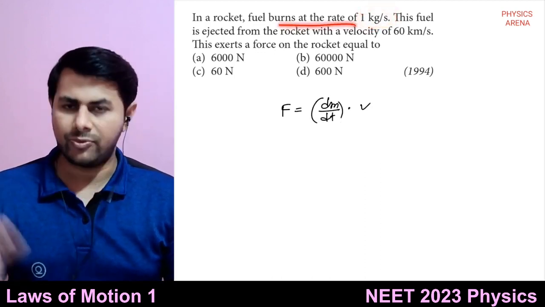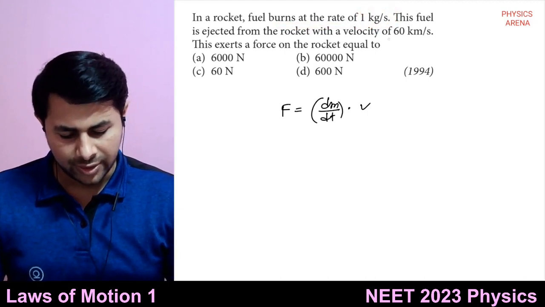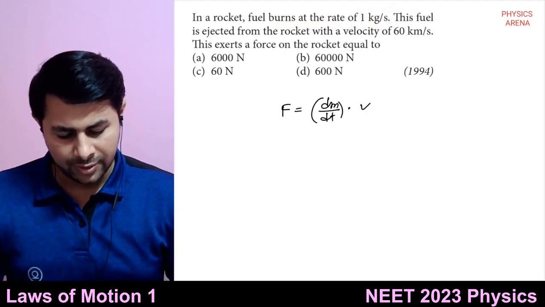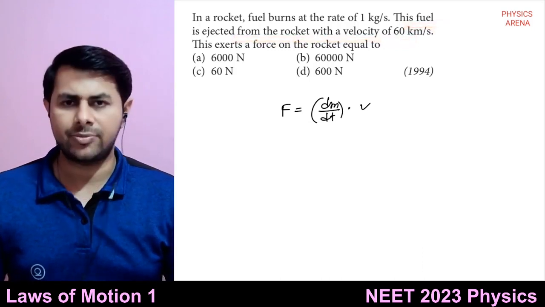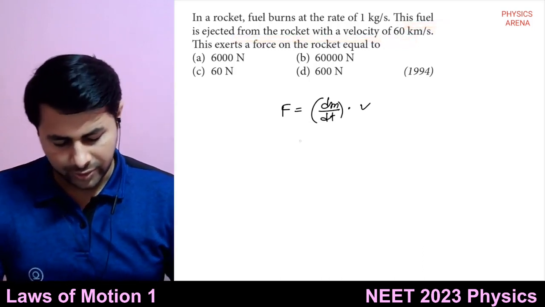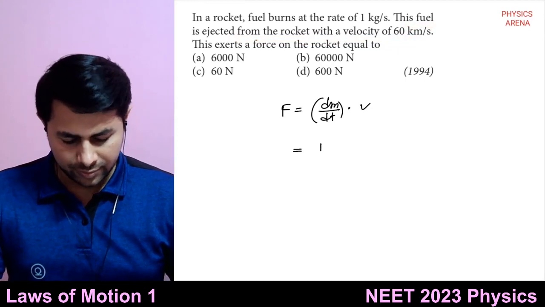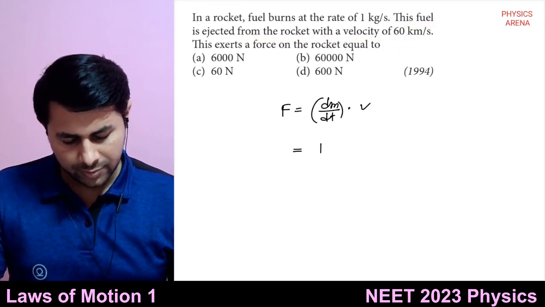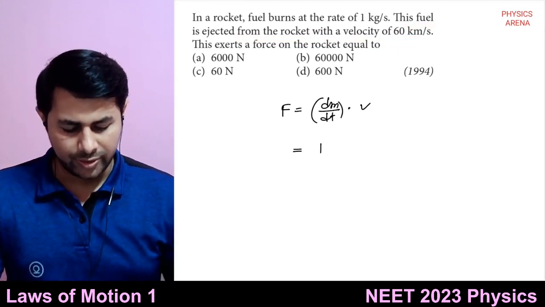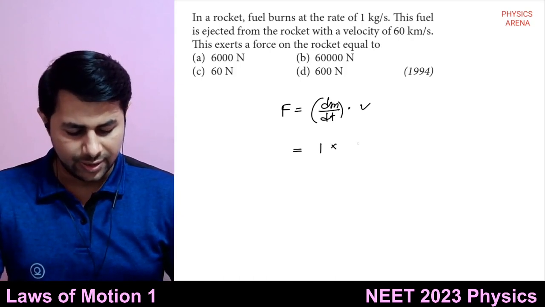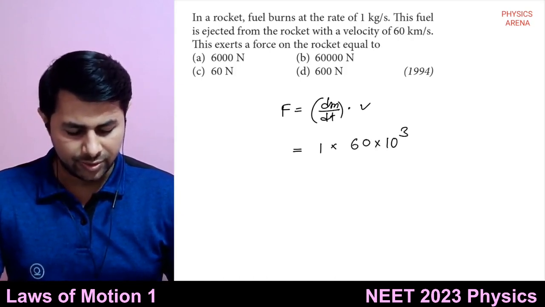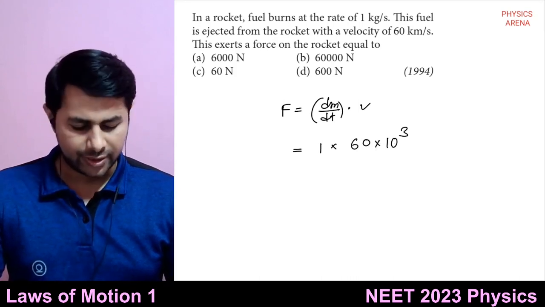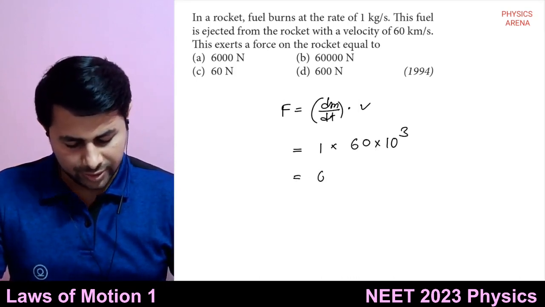Fuel burns at the rate of 1 kg per second, and this fuel is ejected with velocity 60 kilometers per second. So what's the answer? 60,000 Newton, because this is 1 kg per second and this is 60 kilometers per second. So it is 60 multiplied by 10 raised to 3 meters per second. Good. So 60,000 Newton is the answer.